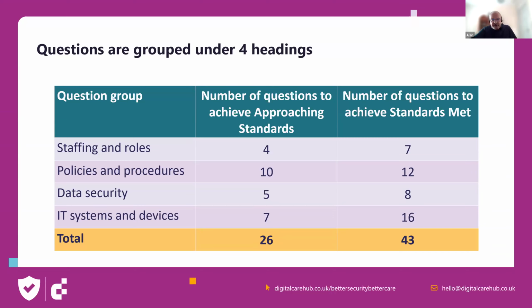You can see, as I've just mentioned, that the mandatory questions are 26, which is the middle column there, and that's to achieve approaching standards. And then if you answer all of the questions, you will be responding to 43, and that's to achieve standards met. Staffing and roles is about having a named person responsible for this area and your induction and ongoing training processes.